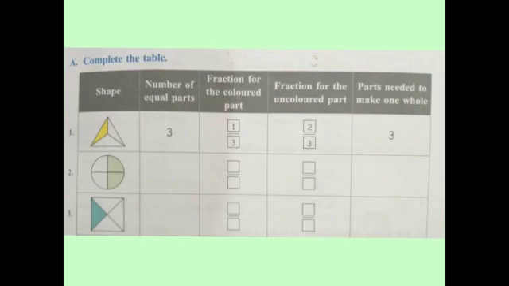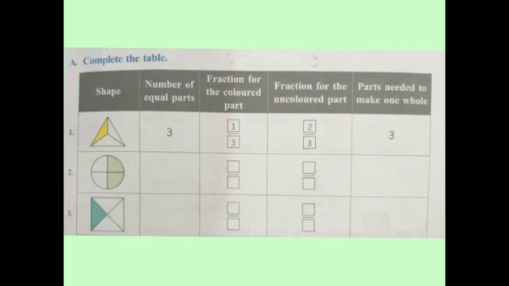So the number of equal parts is 3. Fraction for the colored part, one part is colored, so 1 by 3. Fraction for the uncolored part, 2 uncolored parts are there, so 2 by 3. Parts needed to make one whole, we need 3 parts to make one whole, so 3.